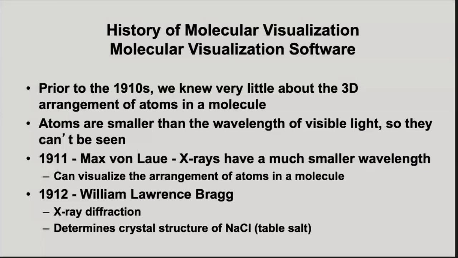He used an X-ray beam passing through a crystal to determine the arrangement of atoms within that crystal, the three-dimensional arrangement of atoms in a molecule. He demonstrated this process initially using an extremely simple molecule, a crystal of sodium chloride, just basic table salt.